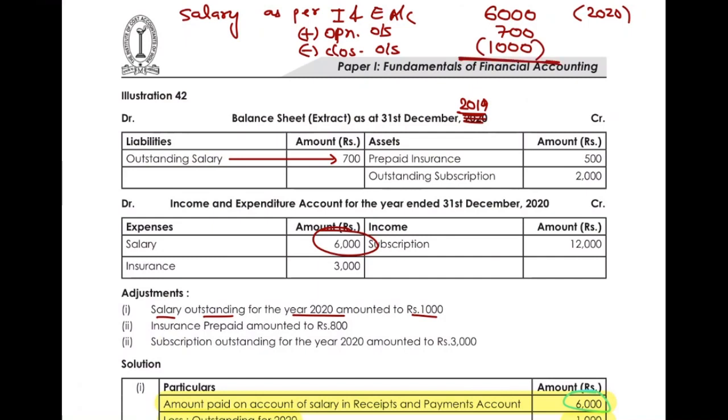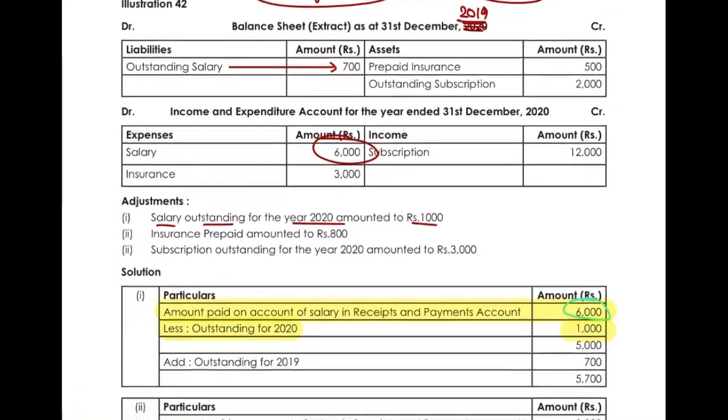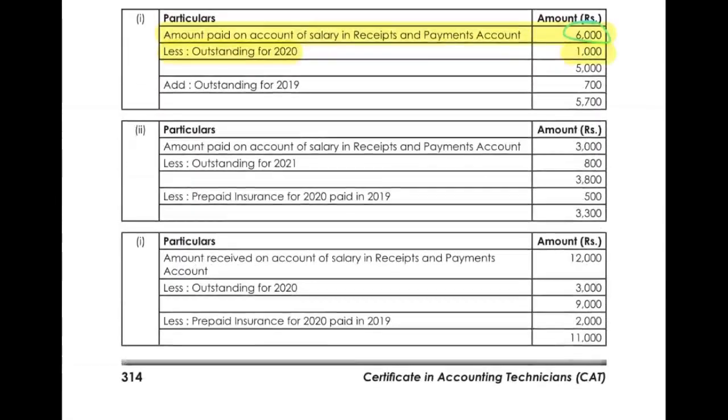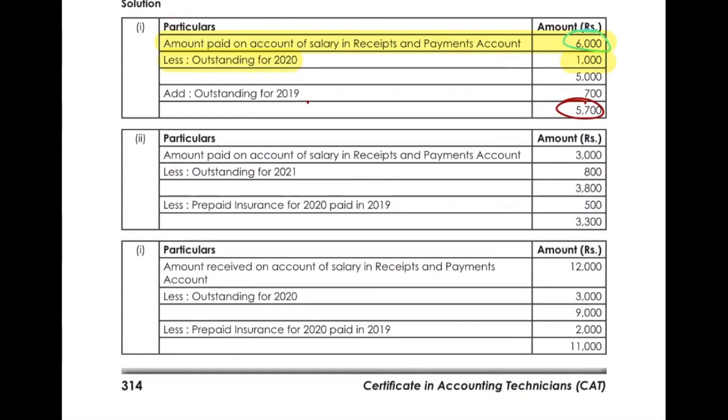So 6,000 plus 700 minus 1,000 will give me 5,700, which is payment made for salary. So you can see the calculation in your receipt and payment account. Payment for salary, that is 5,700, which is done. Okay.